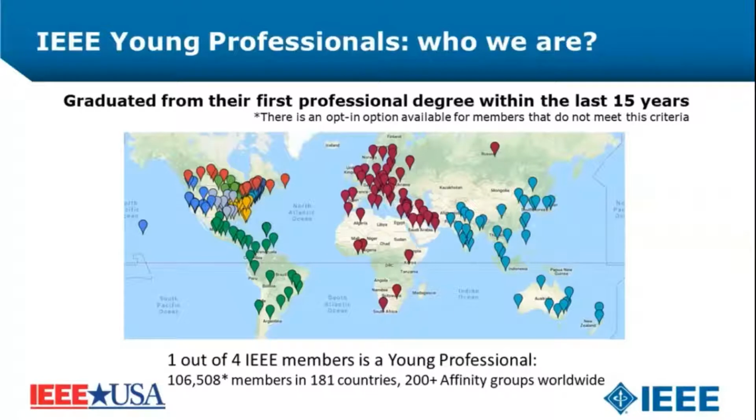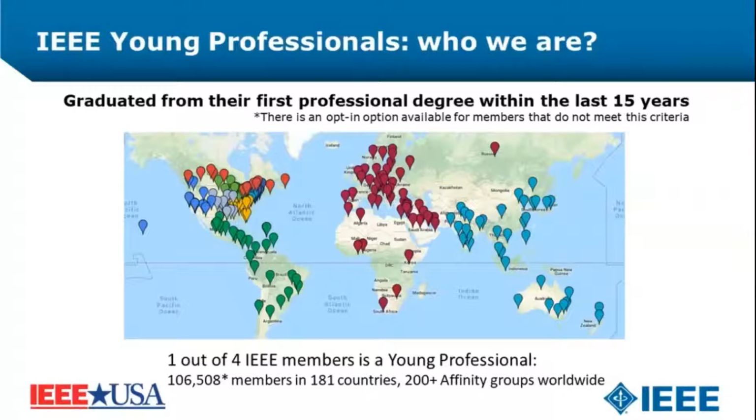Assuming we have around 400,000 or 410,000 IEEE members, it's about 1 out of 4 members who is a young professional. So we have around 106,000 young professionals across 181 countries, and that's a huge number. That's basically about IEEE Young Professionals.